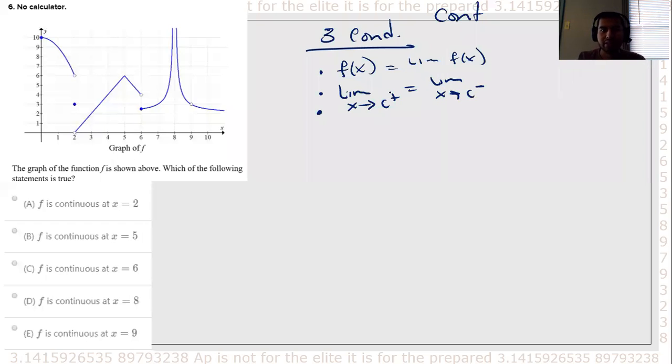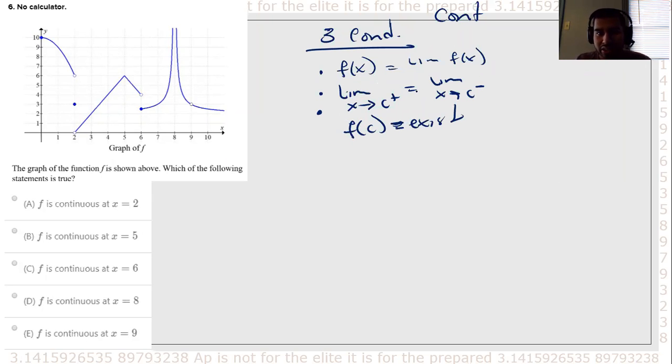Left and right need to exist. One last thing: something's supposed to be equal to c. Yeah, so you have to be able to find out that f of c exists, is a value, right?